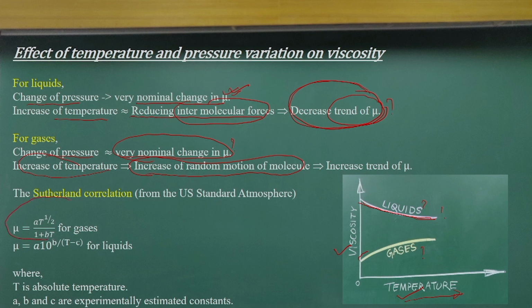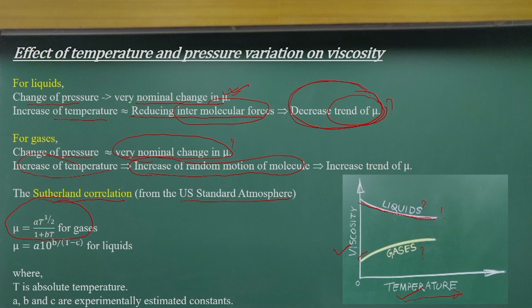Now, for gases, already established by the US Standard Atmosphere, there is the Sutherland correlation technique, which gives a relationship between the dynamic viscosity and the temperature. A and B are constant coefficients.